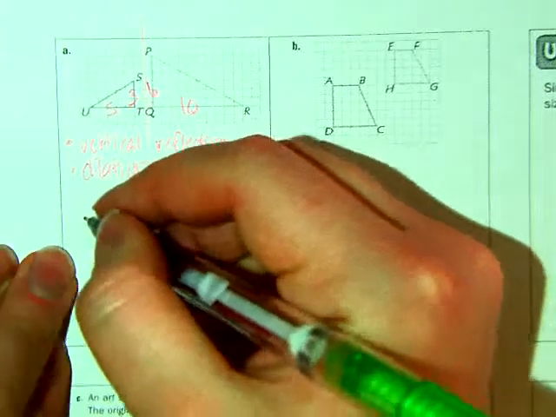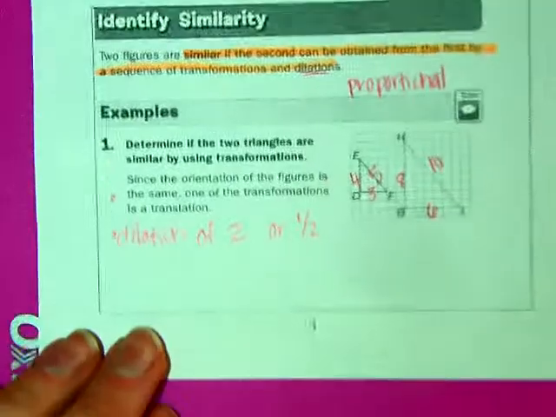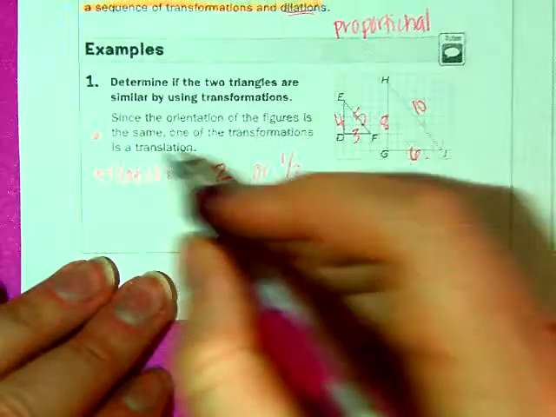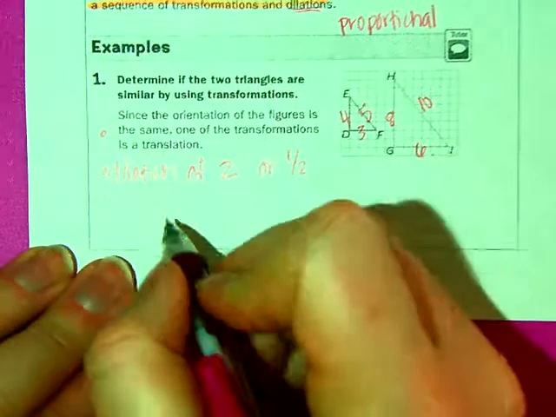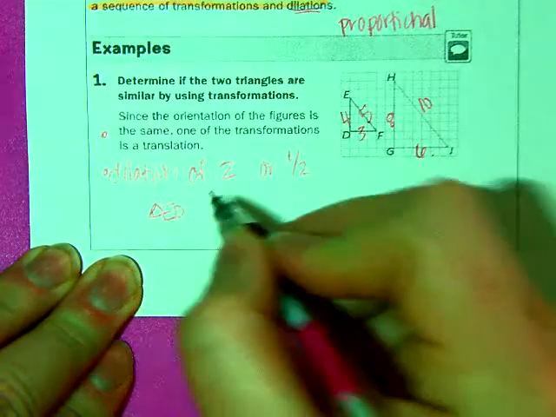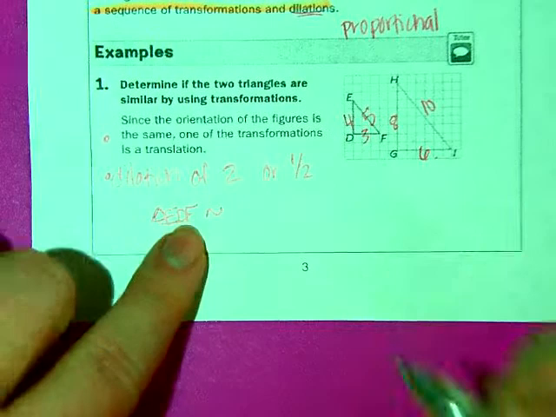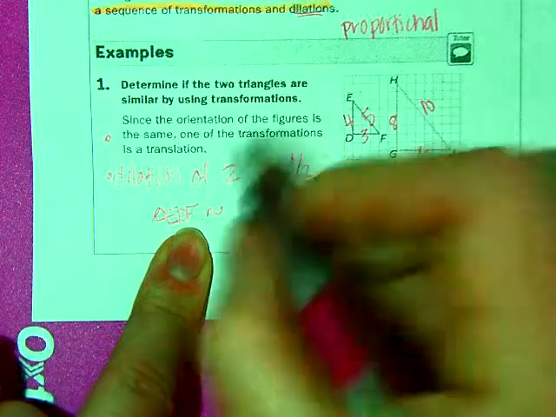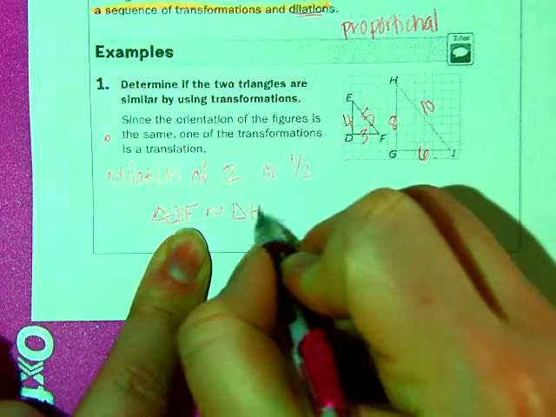And I guess I should have been better about a similarity statement. So a similarity statement, if they are similar, we can write those. We'll go triangle EDF, this is back on slide 3, similar to triangle HGI.